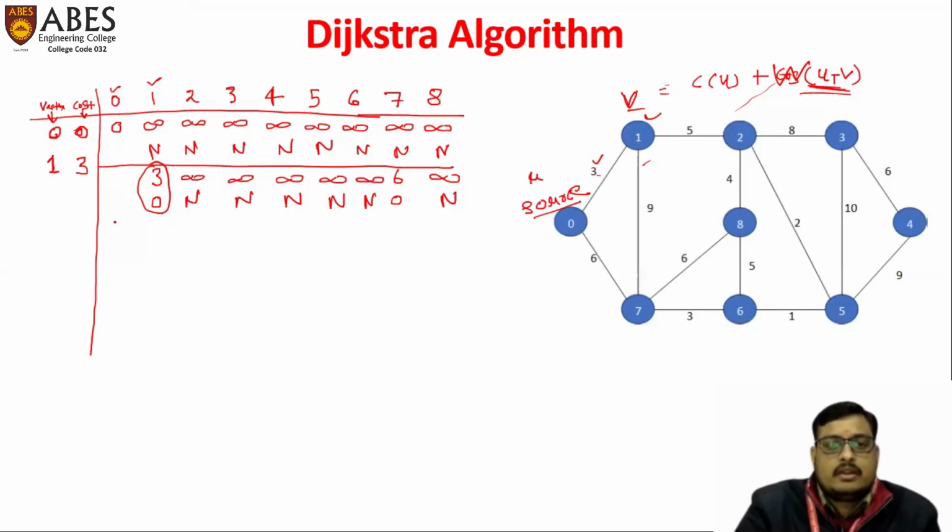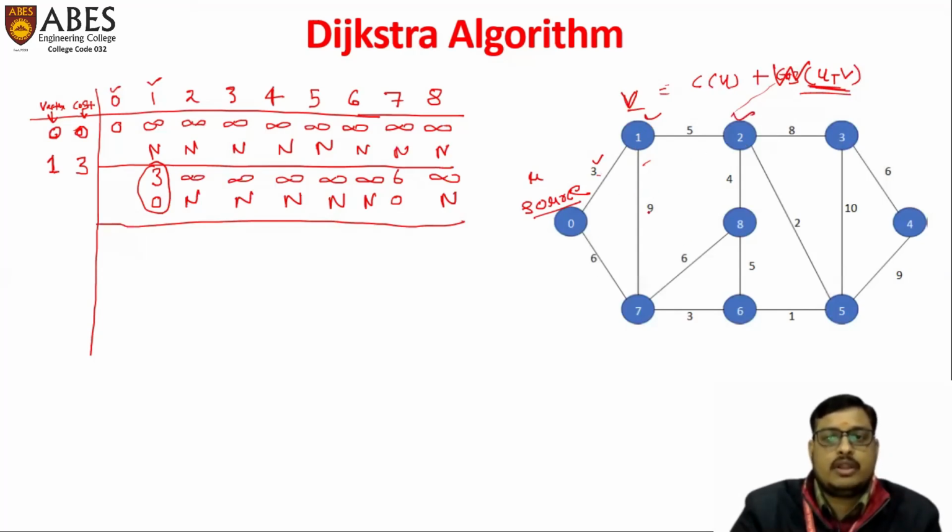After this, we will update the priority queue. So let us update the cost of the adjacent vertices of 1. The adjacent vertices of 1 are 2, 7, and 0. 0 is not present in the priority queue, so we'll consider only 2 and 7. Let us compute the cost of 2.